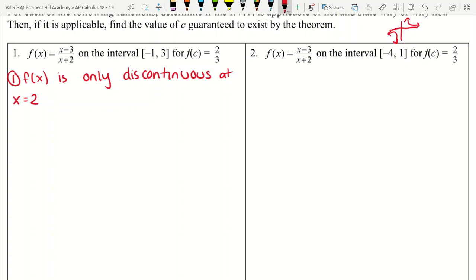So -2, however, is not within this interval. So because -2 is not within this interval, that means that f of x is continuous on that interval.